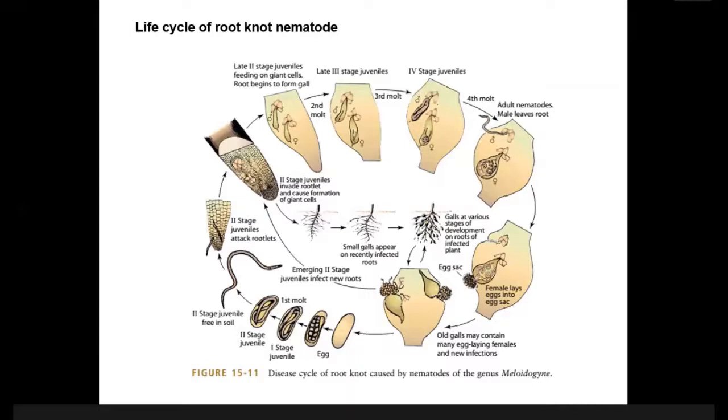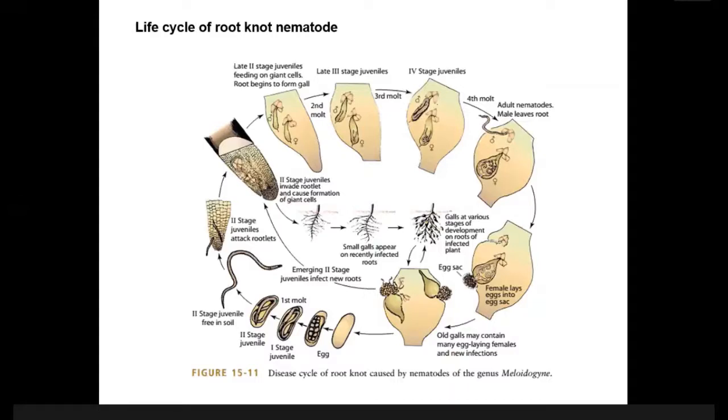So in this case, because of the excessive number of cells and the presence of very large size cells inside the root, there will be a knot, and because of the knot, the xylem vessel, through which water and nutrients are conducted from root to the other plant parts, and the phloem vessel, through which food is conducted from green plant parts to other plant parts, will be blocked.